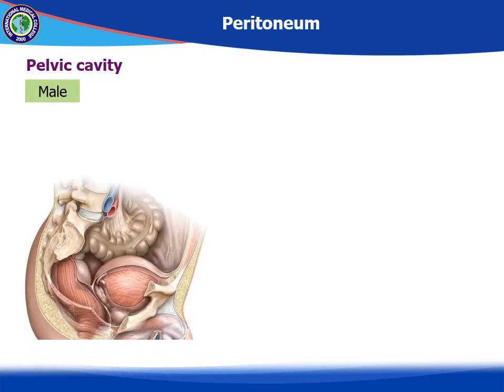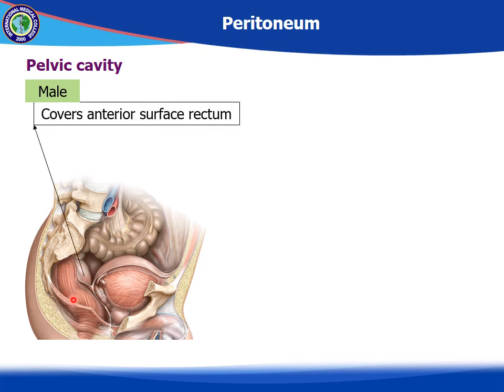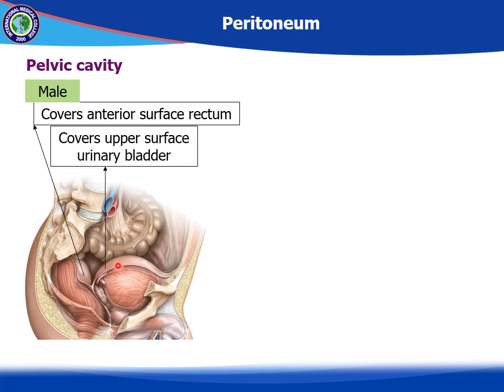In the pelvic cavity there is sex variation, because the pelvic cavity contains the uterus in the female, but that is absent in the male. So in the male, this is the pelvic cavity you can see, and this one is the rectum on the back. Peritoneum covers the anterolateral part, then the lower mid part of the rectum, only the anterior wall is covered, then it is reflected to the upper surface of the bladder.